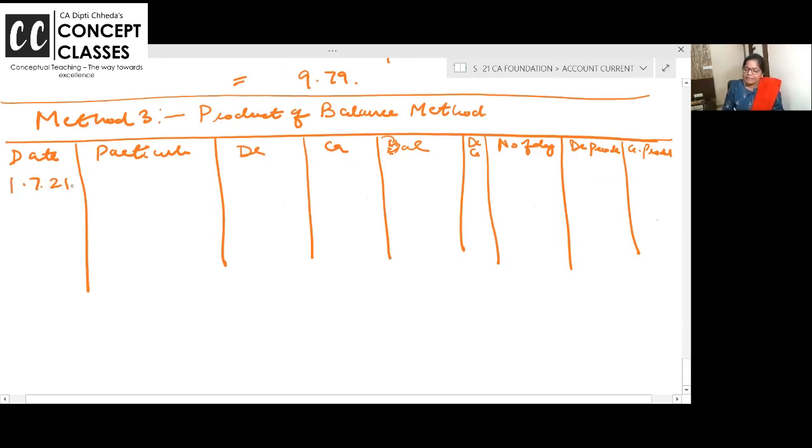1st of July. Opening balance brought down, 75,000 is a debit balance. Next is 14th of July. Cash is deposited.